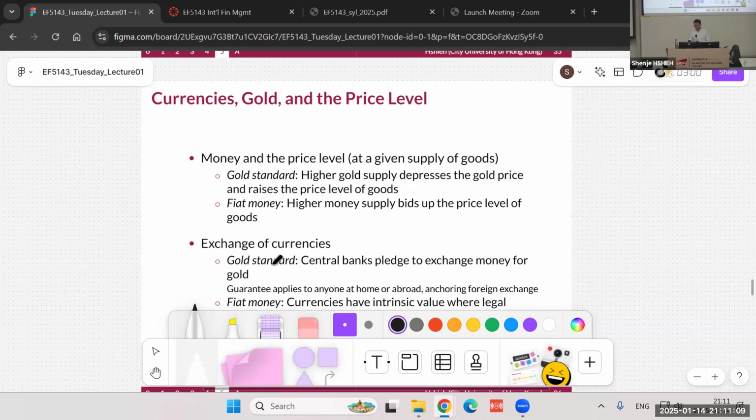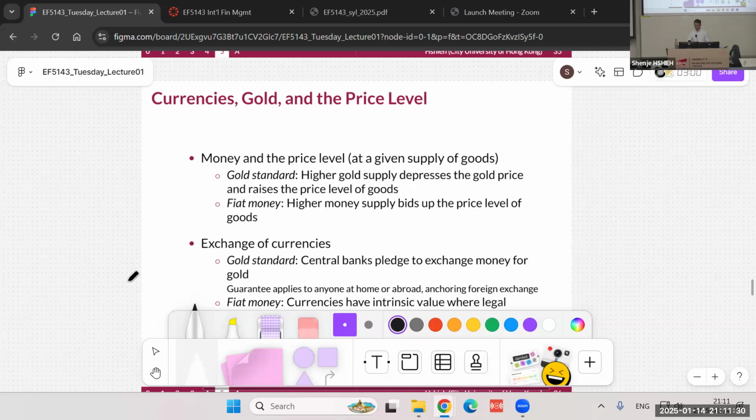So let me describe to you the arrangement here. The gold standard means that you need multiple players, multiple countries, agreeing to fix their conversion rate from local currency to gold.